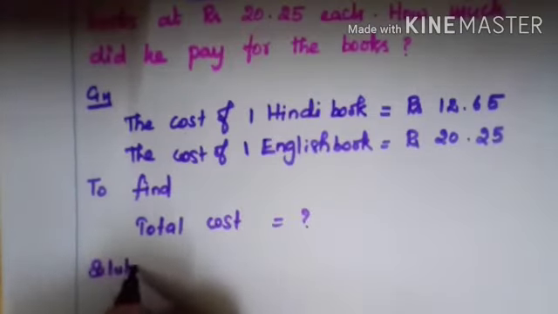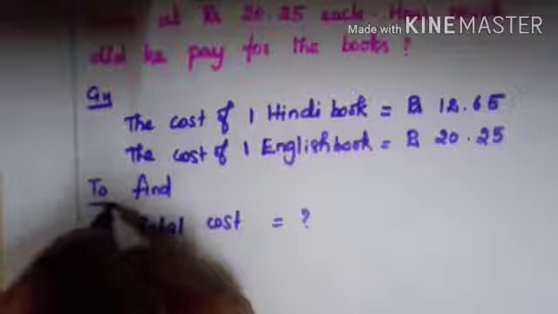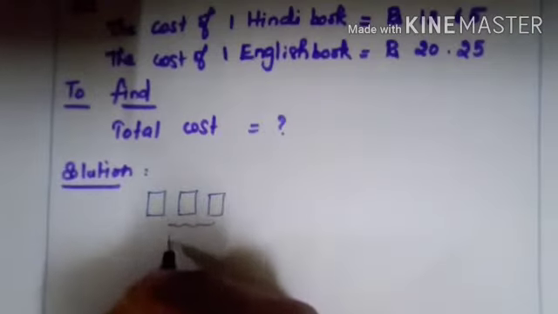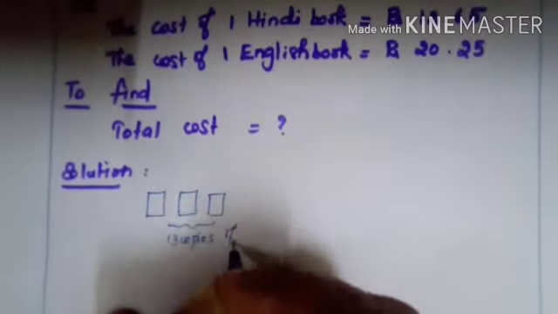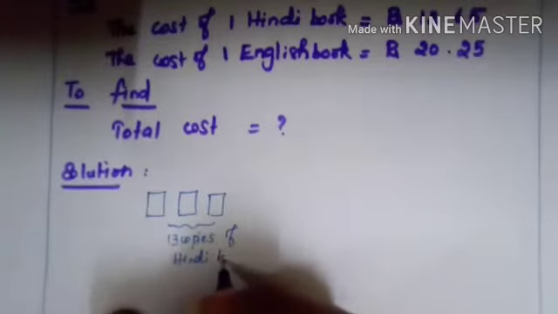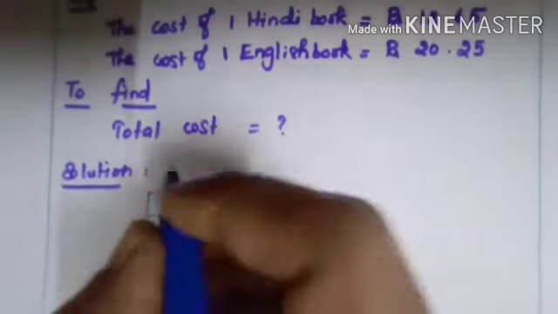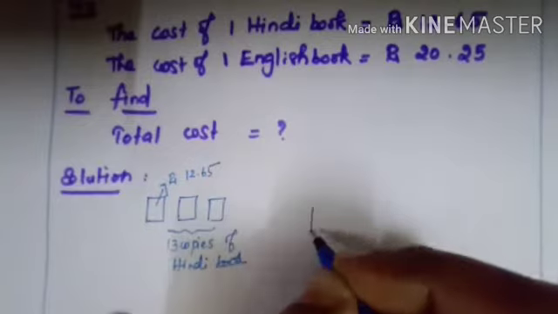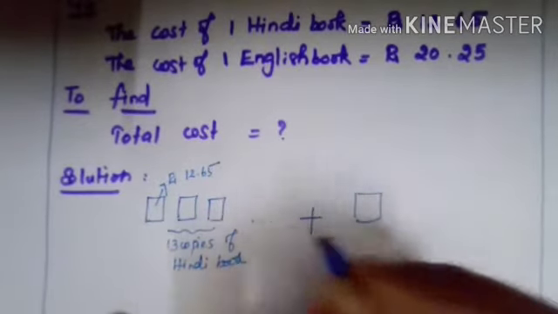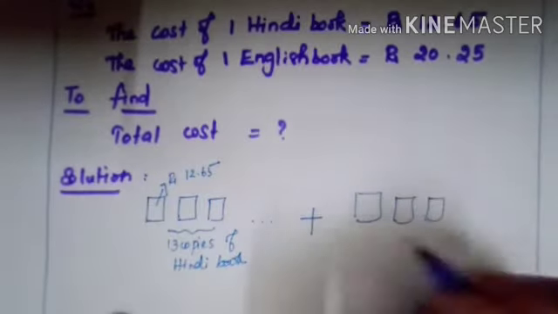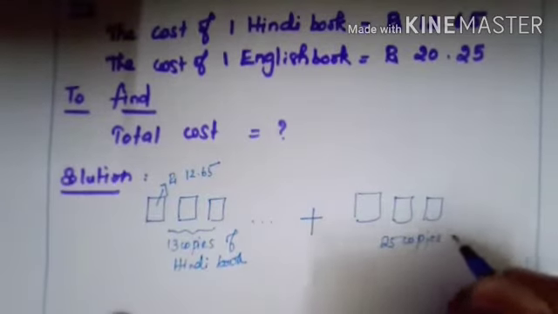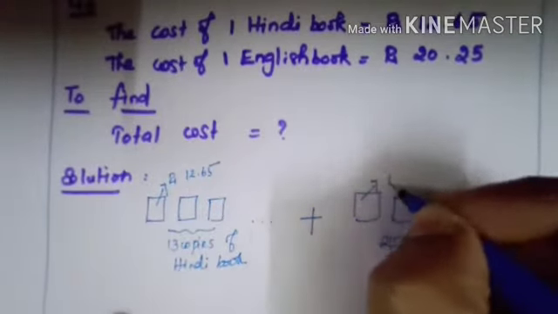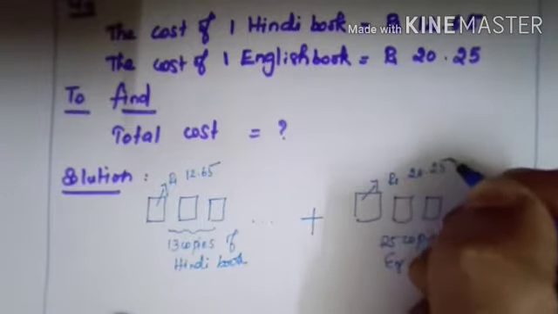Solution. Ram bought 13 copies of Hindi books, each at rupees 12.65, and also 25 copies of English books, each at rupees 20.25.